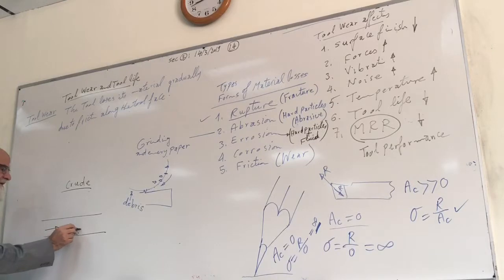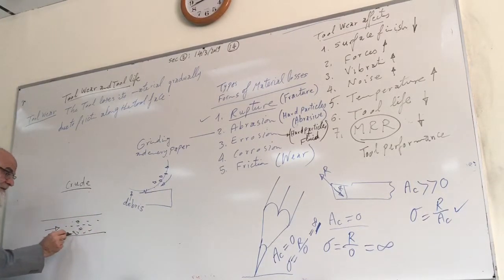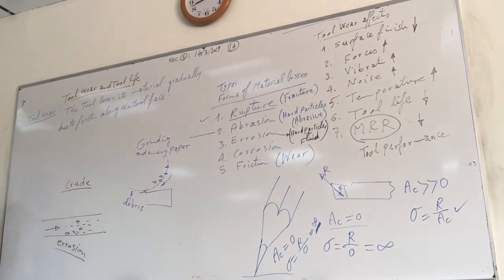Then the hard particles go with the fluid like this, and on the inside surface of the pipe there is wear or material loss, called erosion. So erosion is material loss due to hard particles carried by fluid.